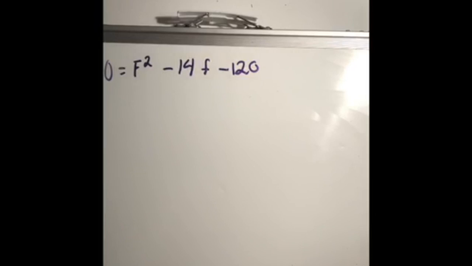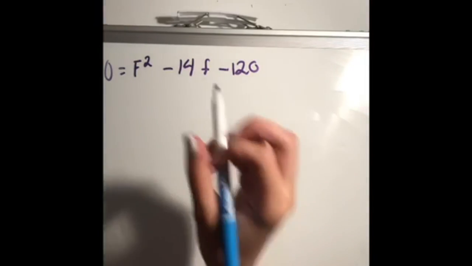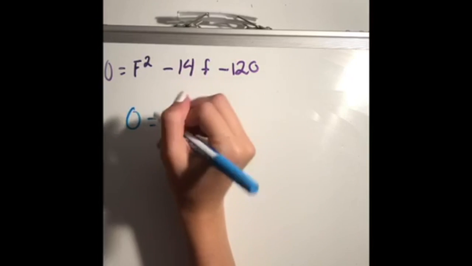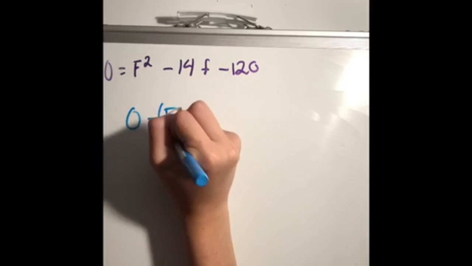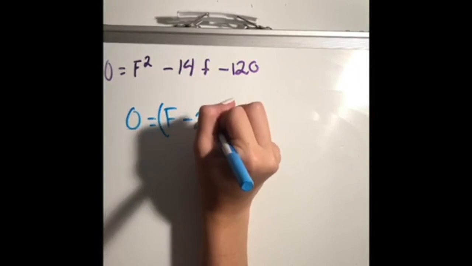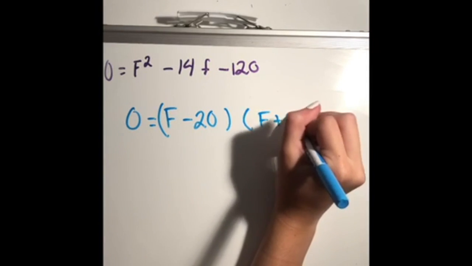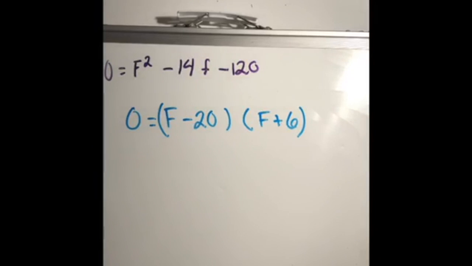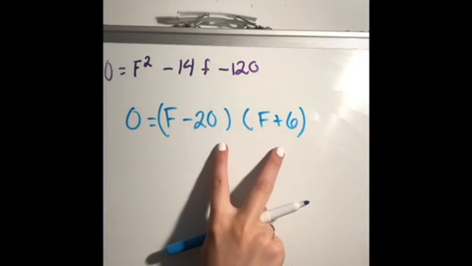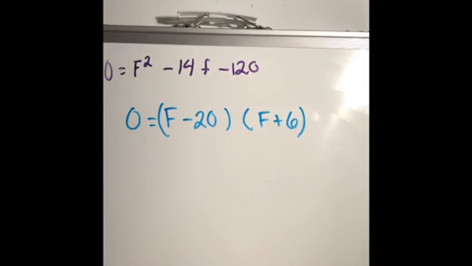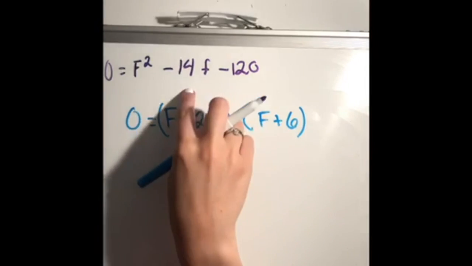After we subtract the 24f and the 120, this is the equation we're left with, and this can be factored. So we'll have 0 equals f minus 20 and f plus 6, because when we multiply these two, we get 120, and when we add them, we get 14.